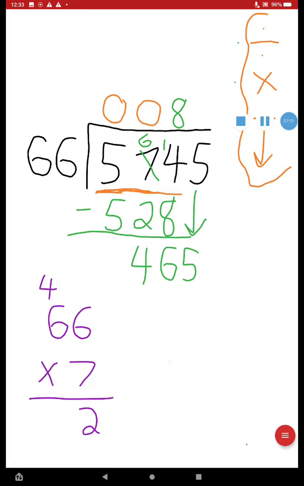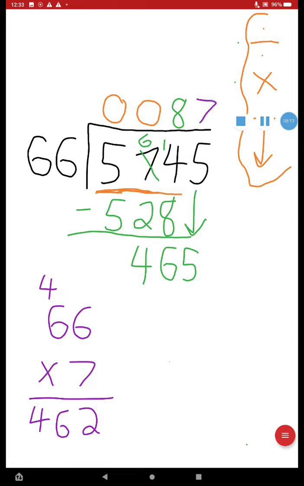Plus 4 is 46. I have 462. Hey, that's just under 465. So 465 divided by 66 is 7.